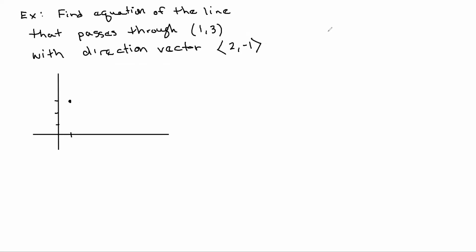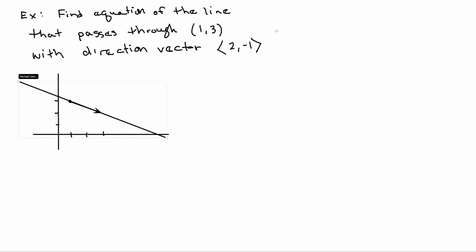And then we've got direction 2, -1. Starting here, we would go 2 to the right and down 1. If that's our direction vector, then multiples of it will enable us to define the line.